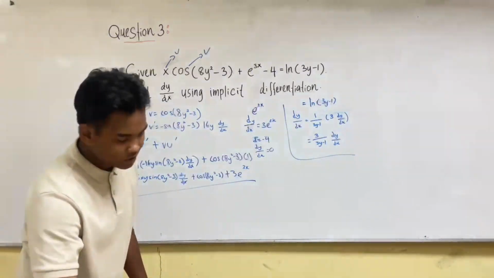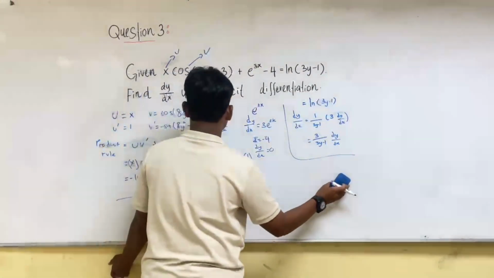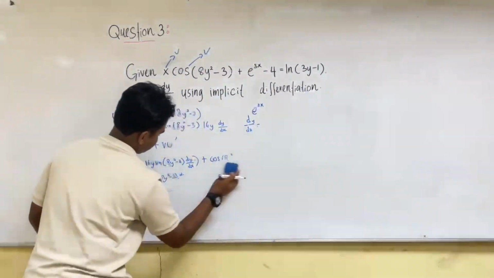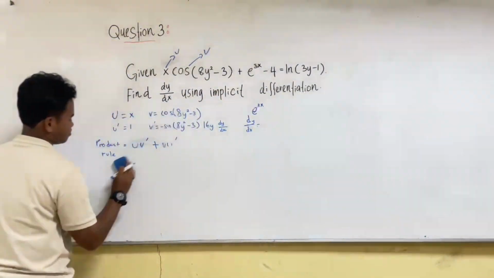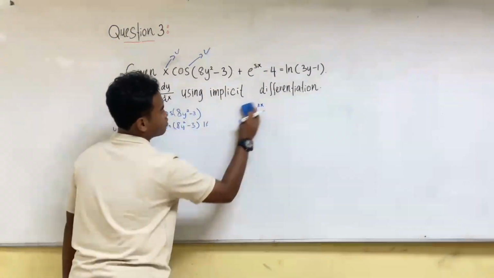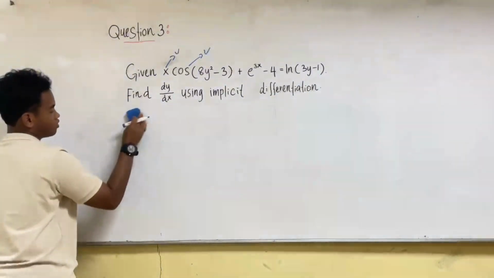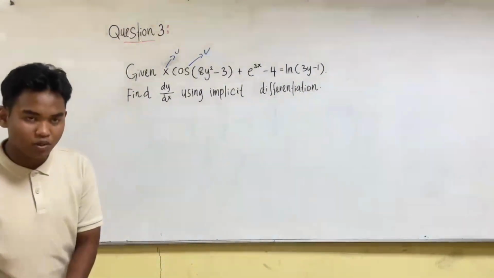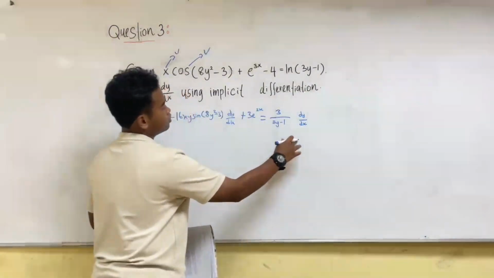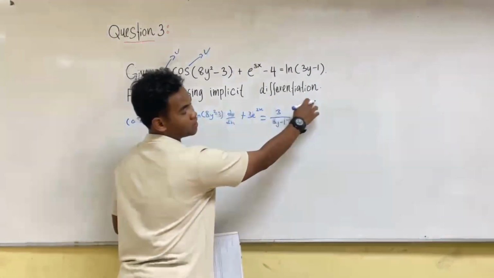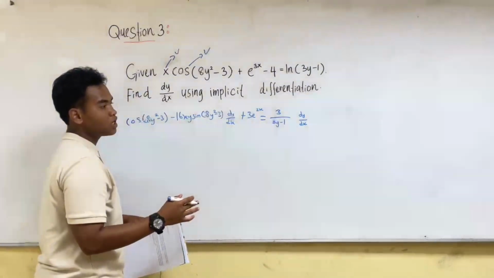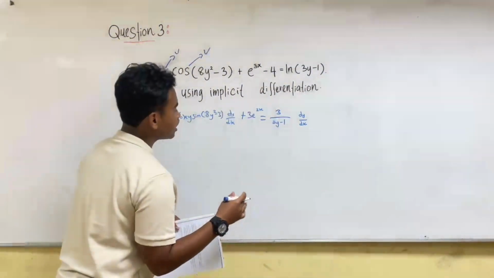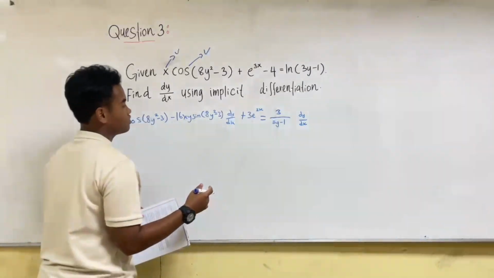Okay, I will rearrange the equation. According to the implicit differentiation method, we need to gather the dy/dx terms in one place so that we can isolate dy/dx.